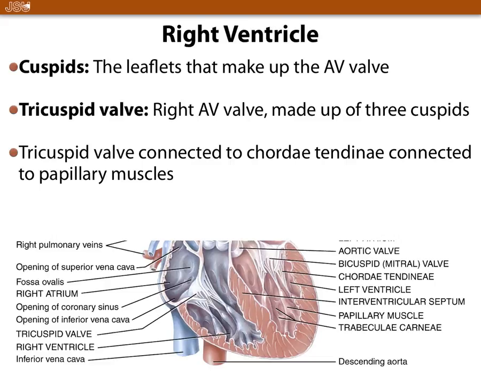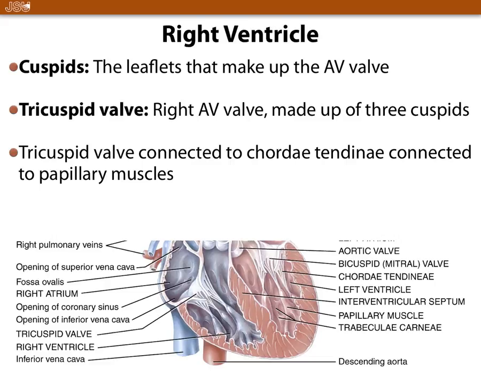Now, this is going to apply both to the right and left side. That tricuspid valve is made up of cusps, and a cusp is a leaf-like part of it, or leaflet, I should say. The tricuspid valve has three of those. The bicuspid valve, or the mitral valve, has two of those.